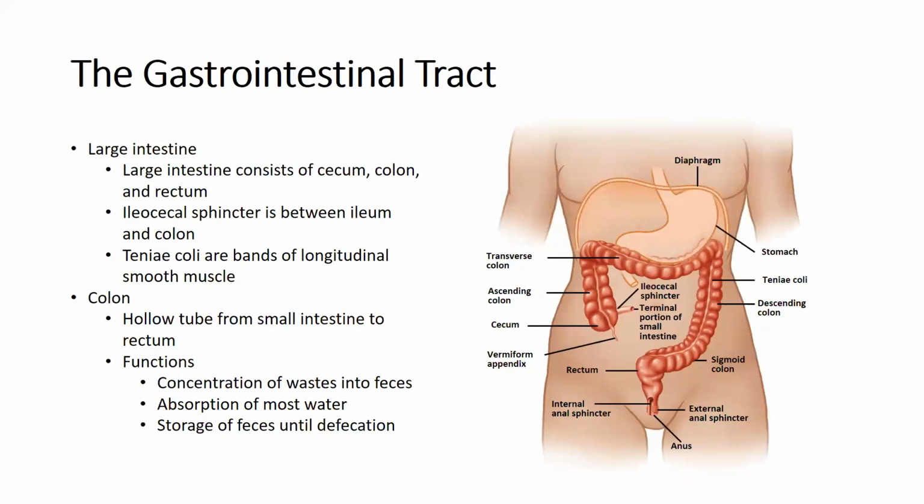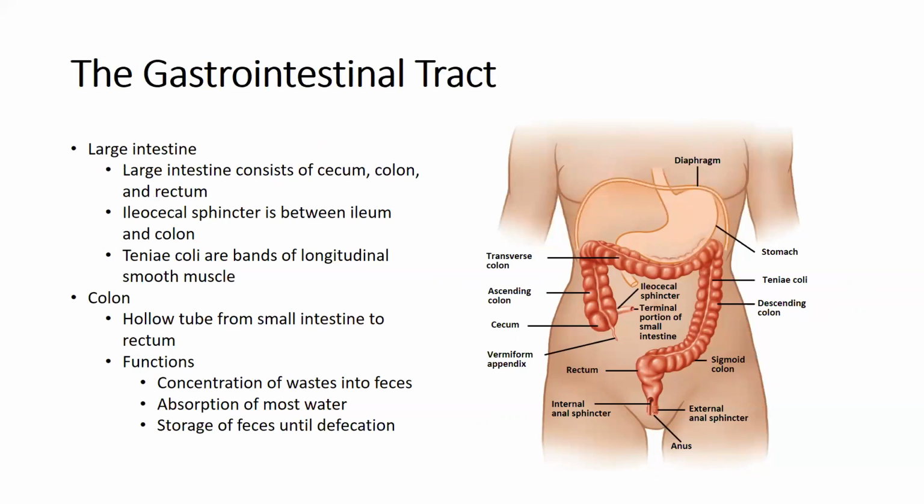Moving on down to the large intestines, this includes the cecum, the colon, and the rectum. There's a sphincter between the ileum and the cecum, called the ileocecal sphincter. Again, this is regulating the emptying of the small intestine. I keep saying this: food does not just flow through the GI tract, right?